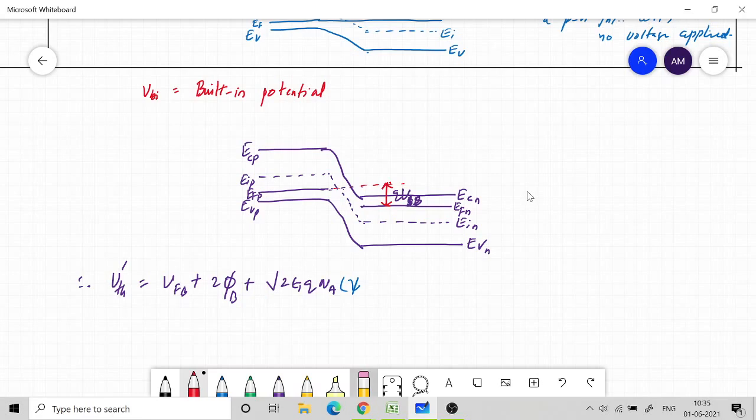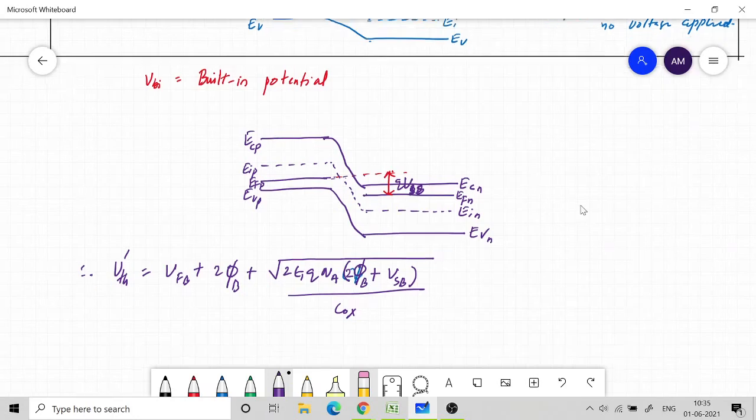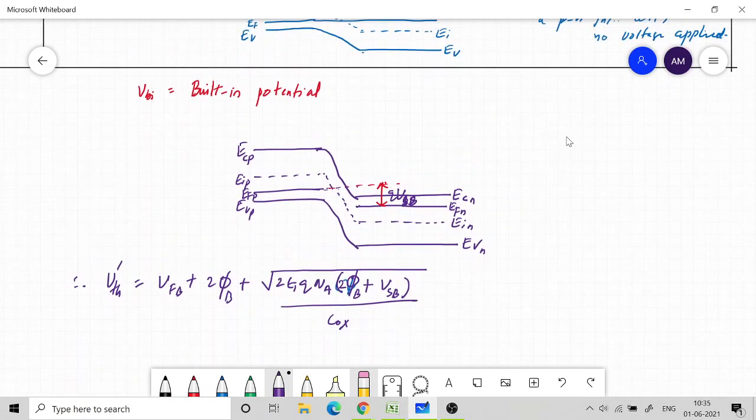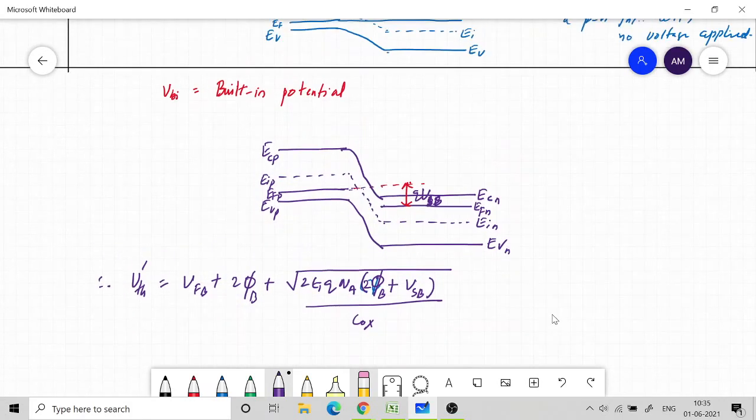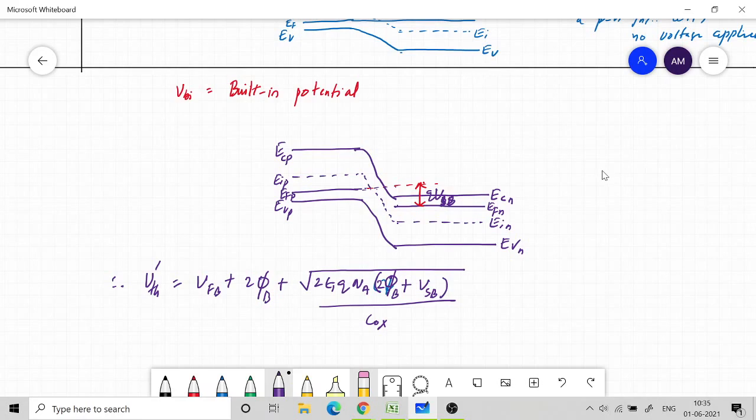So right now what is going to happen is this psi s, I have to write it as 2.5B plus VSB. So this is going to be the difference divided by Cox. Okay, so this we can write as the earlier one, so this part has not changed.